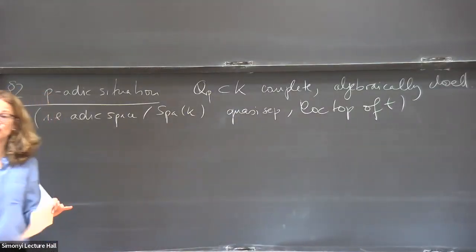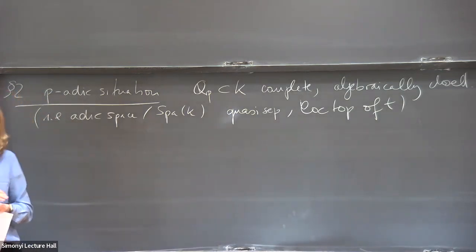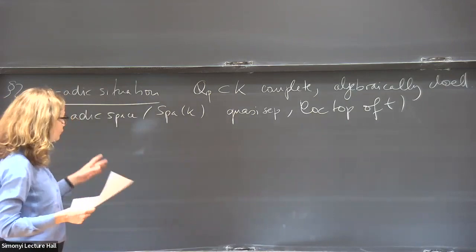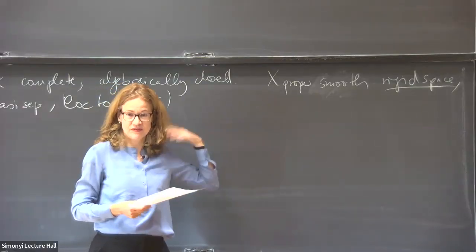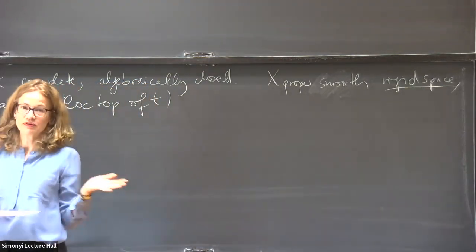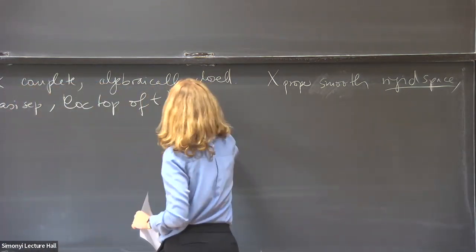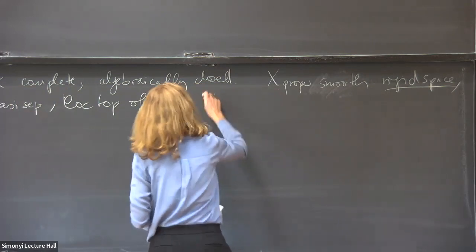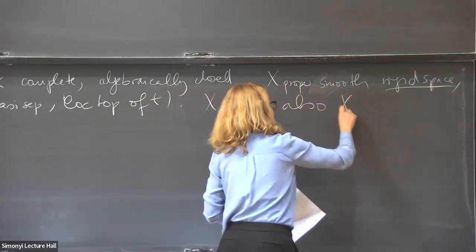And this abuse of the same notation for all categories gets worse because we don't hesitate to denote by X also the diamond associated to X. This is an even more fancy category in which you can faithfully embed such smooth rigid spaces, and I will not distinguish notation. X denotes also the associated diamond.